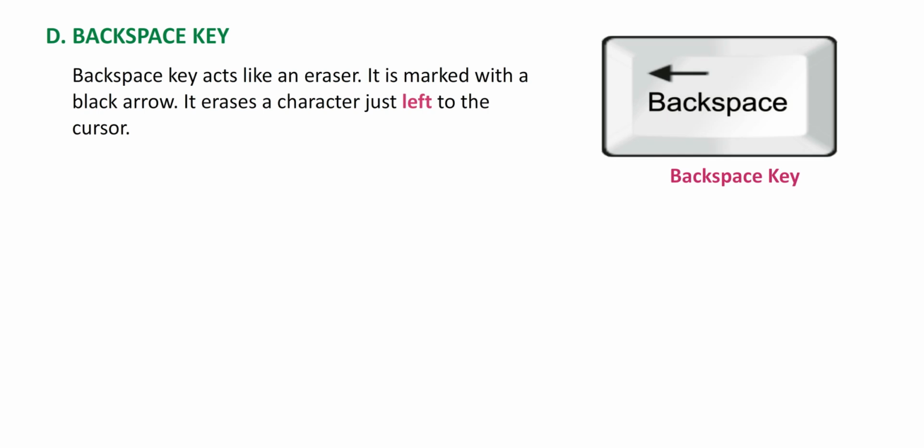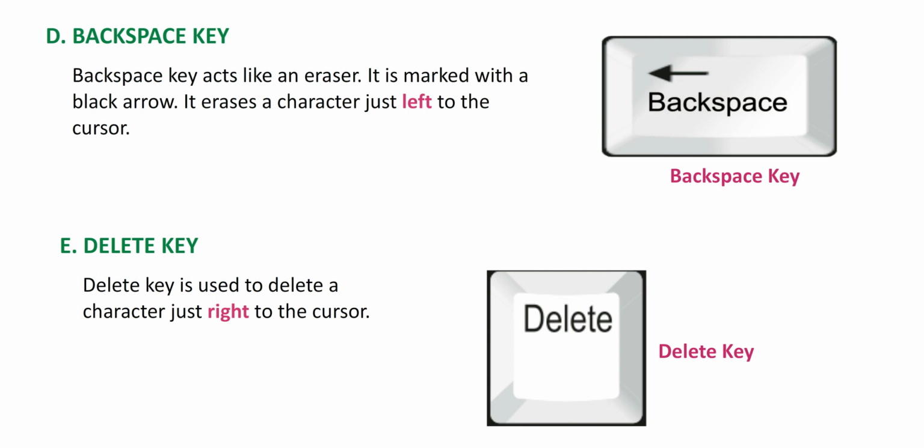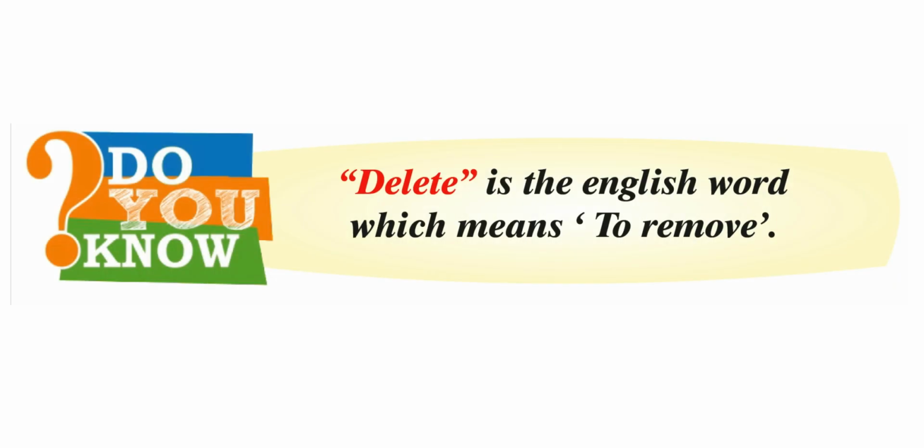D. Backspace key. Backspace key acts like an eraser. It is marked with a black arrow and erases a character just left to the cursor. Delete key. Delete key is used to delete a character just right to the cursor. Do you know, delete is the English word meaning to remove.